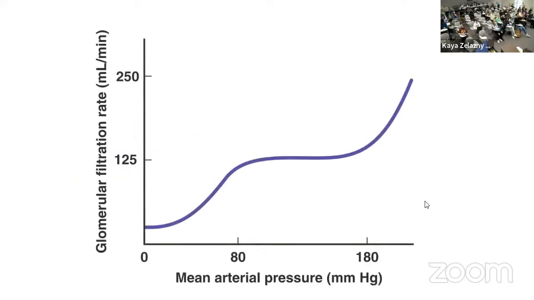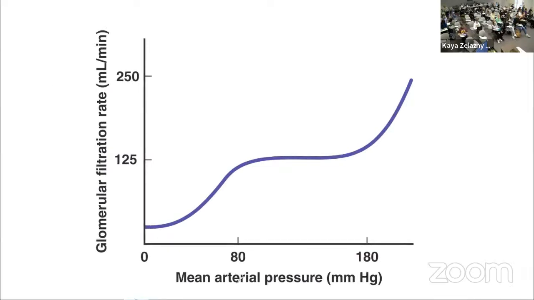So when we think about our regulation of that glomerular filtration rate, what we see happening here is our mean arterial pressure. So this is our pressure in the arteries, right? Our pressure in the arteries leads to pressure downstream, pressure in our arterioles, therefore pressure in the capillaries, like pressure in the glomerular capillaries.